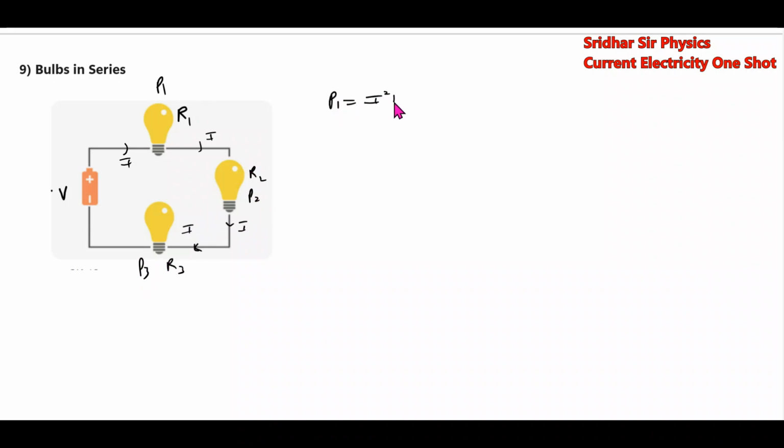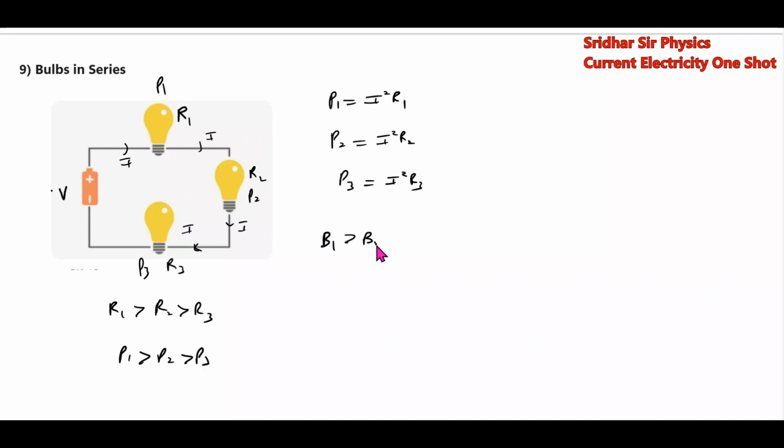P1 equal to I square R1, P2 equal to I square R2, P3 equal to I square R3. And if I give the condition R1 greater than R2 greater than R3, tell me which bulb will have more brightness. So based on this, P1 greater than P2 greater than P3. So the brightness of bulb 1 will be more than that of 2, and that of 3.